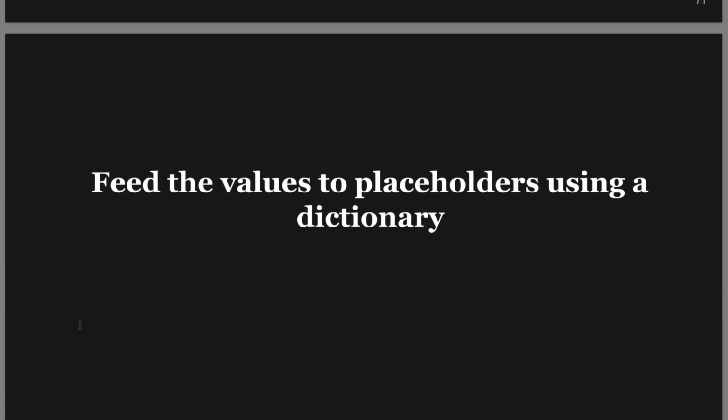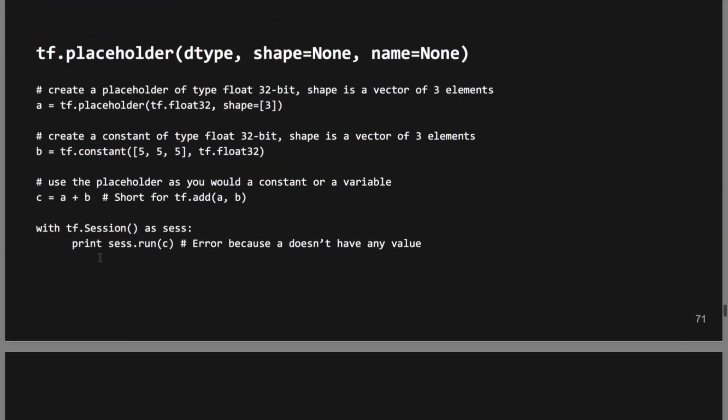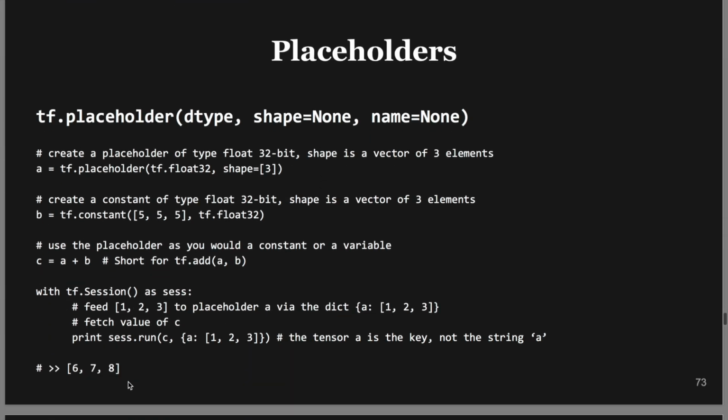So what we need to be able to do, when we are running the operation, is feed the value. The way you do it is with the argument feed_dict, where you create a dictionary of all the placeholders, and you feed them within this ses.run call.